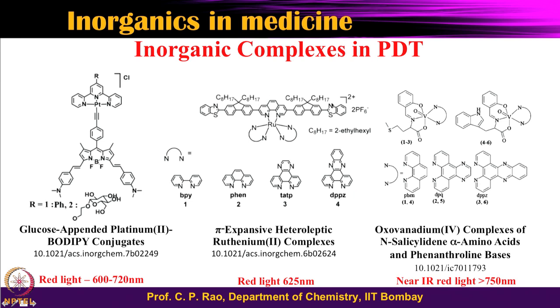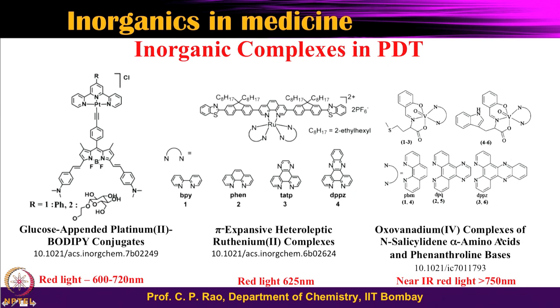It is not necessary that you have only porphyrins. You can also make compounds of these kinds using vanadium compounds. So, this is oxo-vanadium. This is also 6 coordinated, this is also 6 coordinated. These oxo-vanadium complexes are also useful in PDT by decorating them with a huge species.